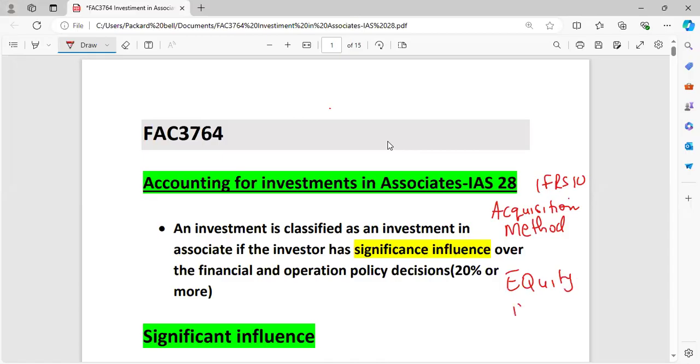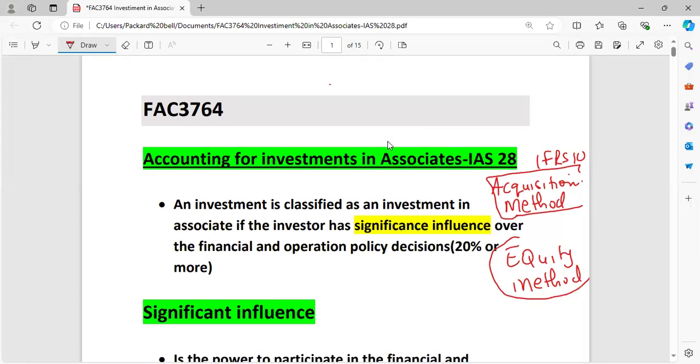The acquisition method will include all the assets and liabilities of the subsidiary when we do our consolidation, whereas in the equity method, we only include that portion of the investment which was made by the investor in the associate. So that's the difference between these two standards.